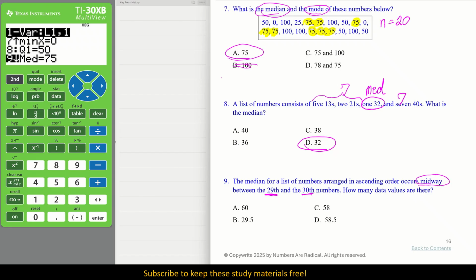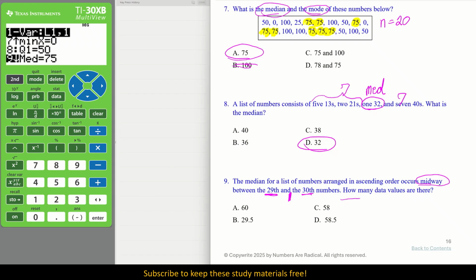Okay, this one says midway between these two numbers. Well, it isn't a whole number. So it could be like 13 and a half or 10 and a half. So we're not counting the half. So really, half of the actual numbers, the literal half of numbers in the list, there are 29 on one side. So if there's 29 on one side, there must be 29 on the other.